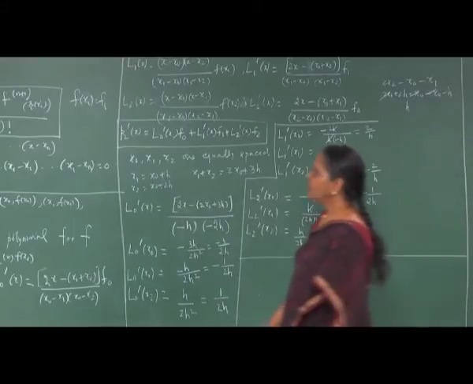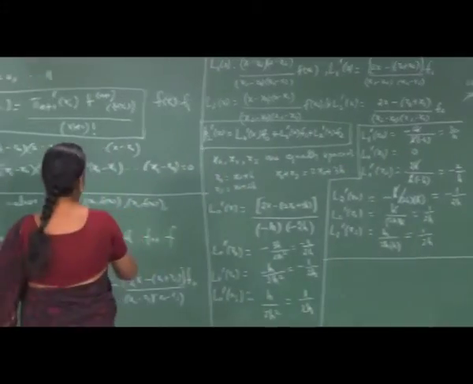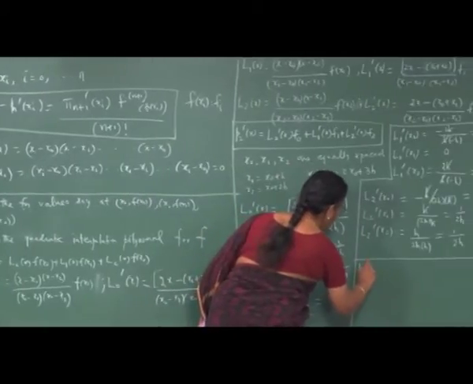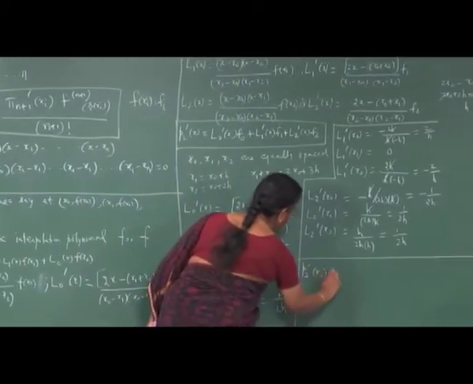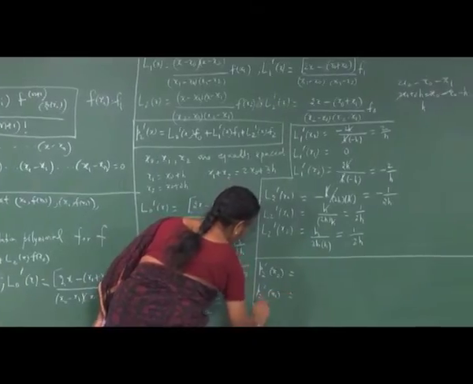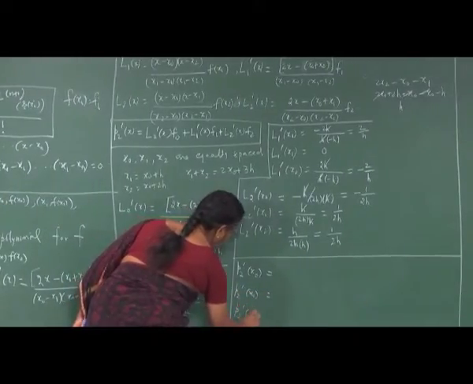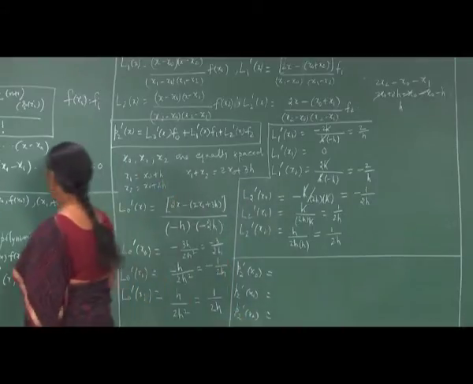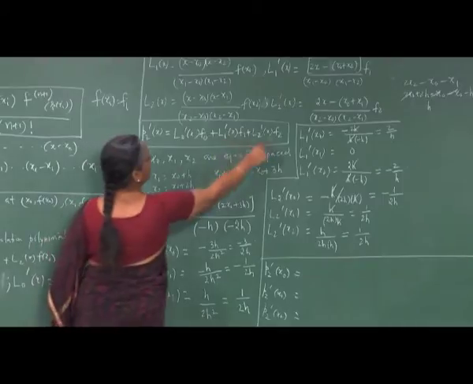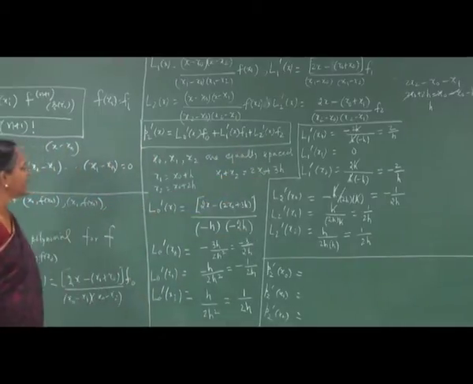We can now write down P2 dashed at the point x naught, P2 dashed at x1 and P2 dashed at x2. We have computed P2 dashed as a linear combination of the derivatives.